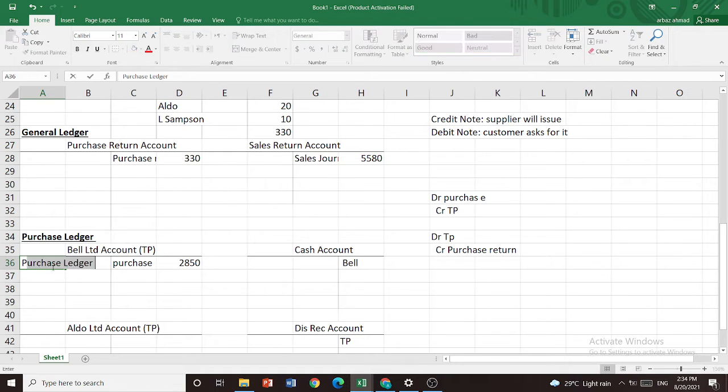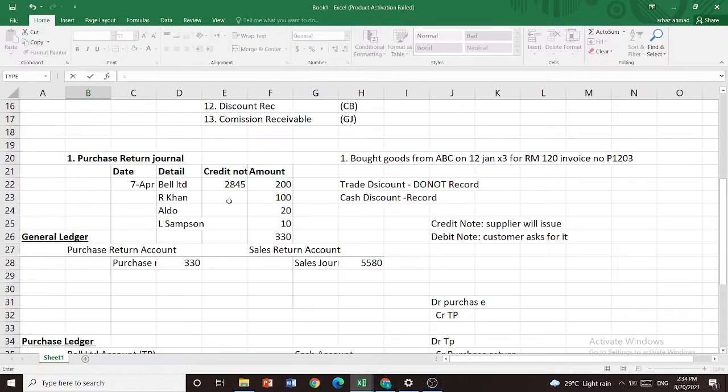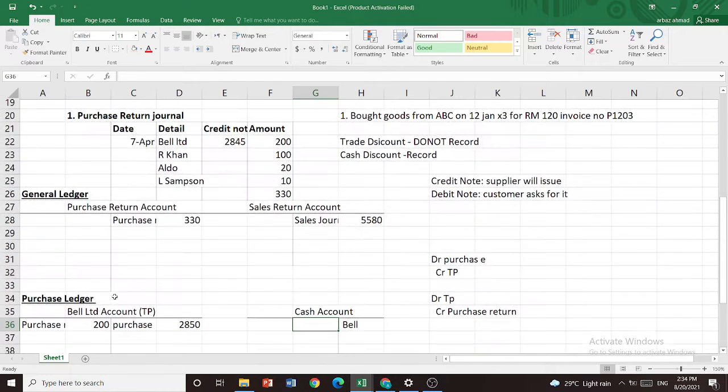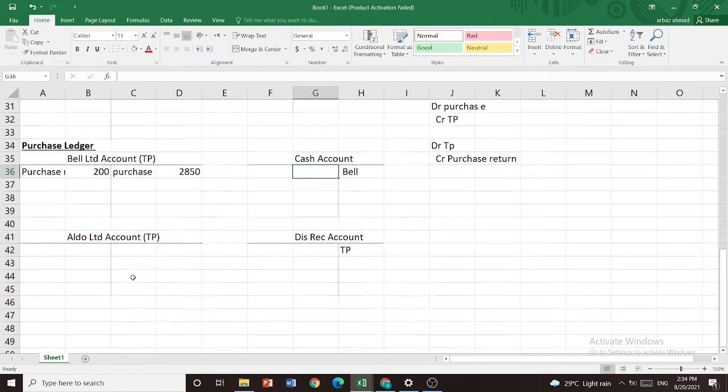I am going to write here purchase return journal or ledger or account. How much is it? It's 200. How much is for Aldo? Aldo is 20. So I will write here 20 purchase return.